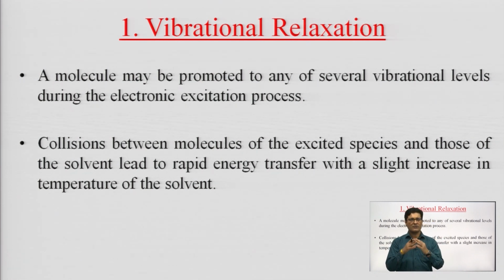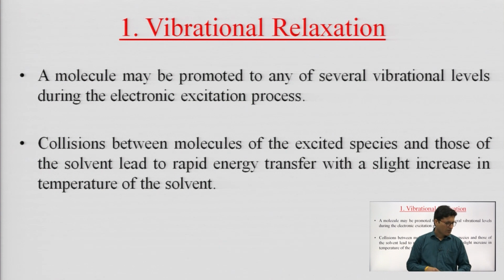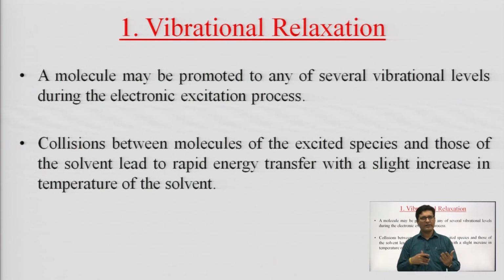Now, from that vibrational energy it has to lose energy to come to the electronic state. That is generally done by collisions between the molecules. During this collision they transfer the energy, and this may slightly increase the temperature of the medium or the solvent.